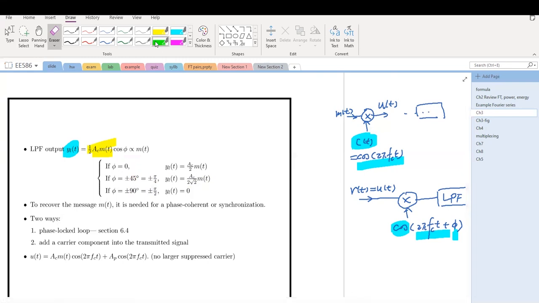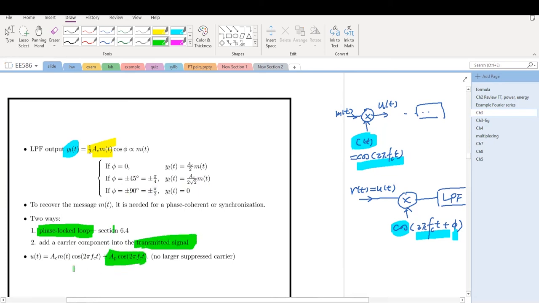So how do we do that? Sometimes we use a phase locked loop. There's section 6.4 in our textbook. We're not going to go into the detail of section 6.4 due to the time constraint. Or, in the modulated signal at the transmitter, we add a small portion of cosine signal. So this is a DSBSC component, a carrier multiplied by the message. And then I add a small portion of cosine 2 pi fc t.